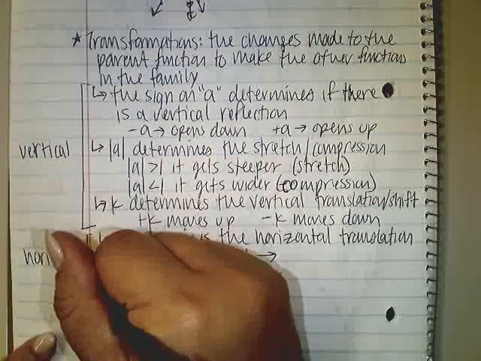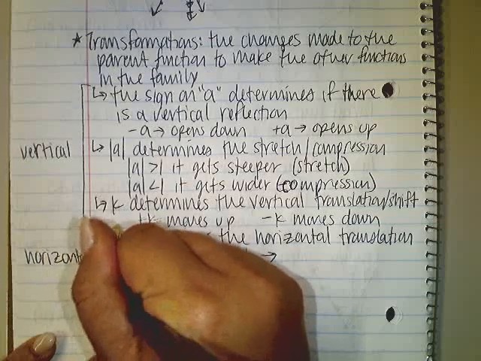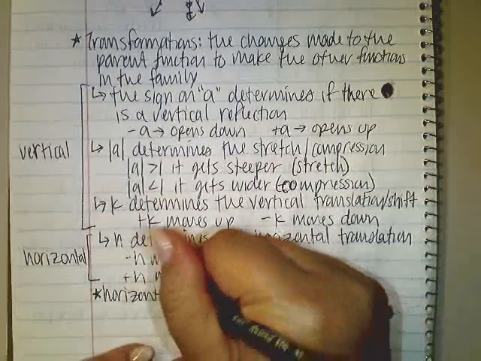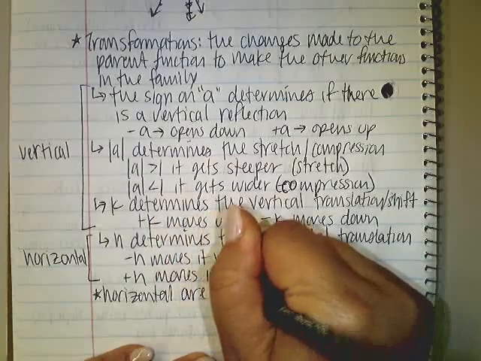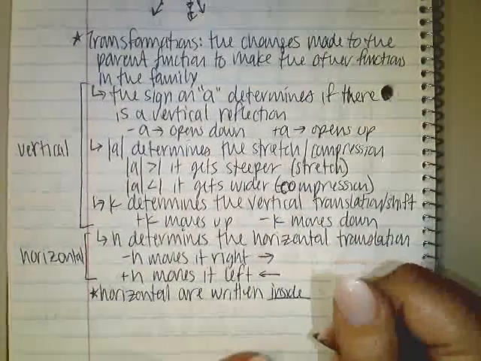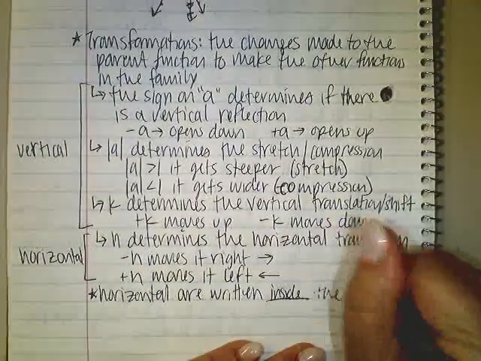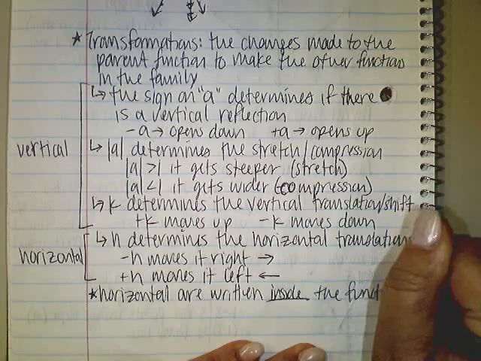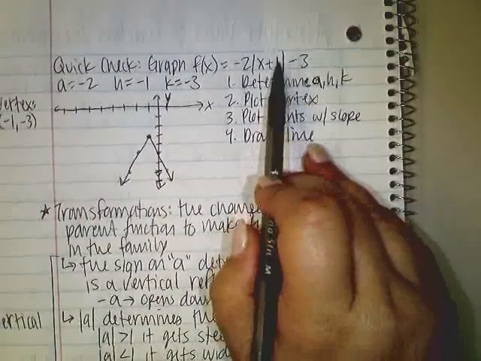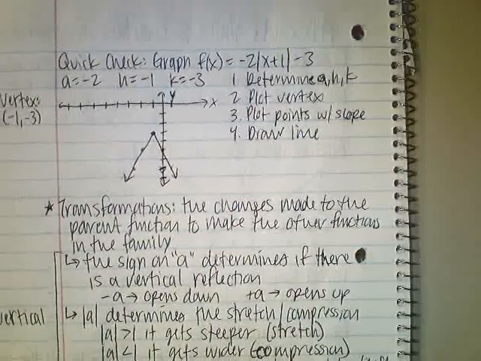So the last little thing I want to mention is that horizontal transformations are written inside the function rule with x. So here, h is our only horizontal transformation. It's the only thing that's inside the absolute value.